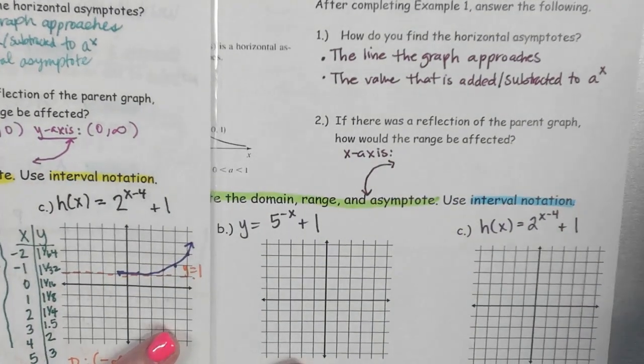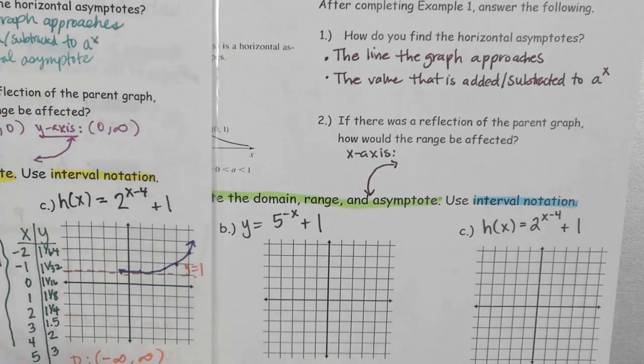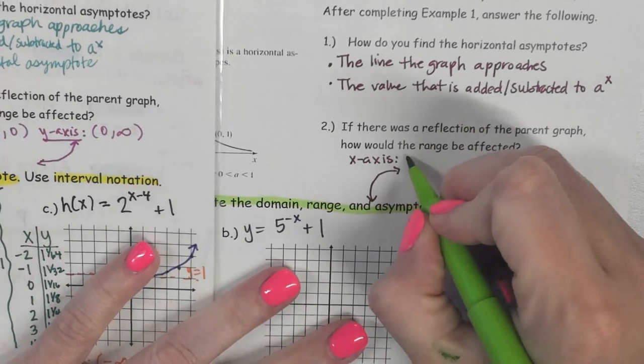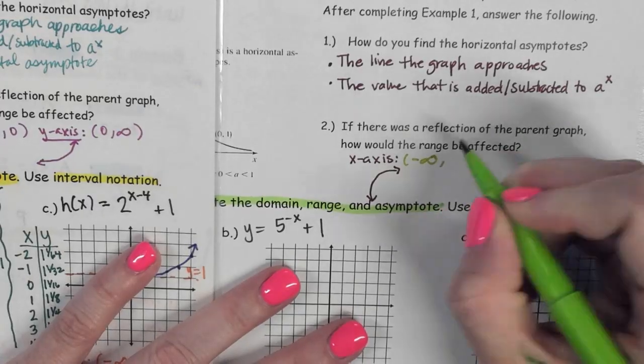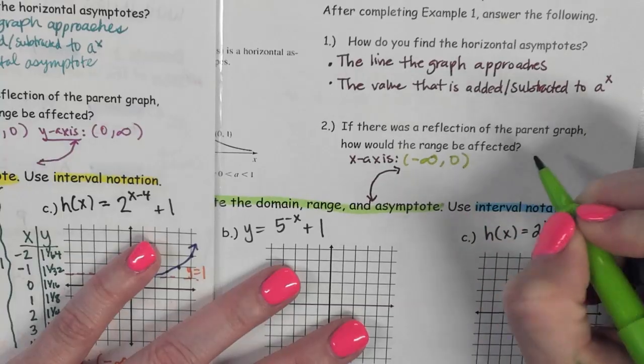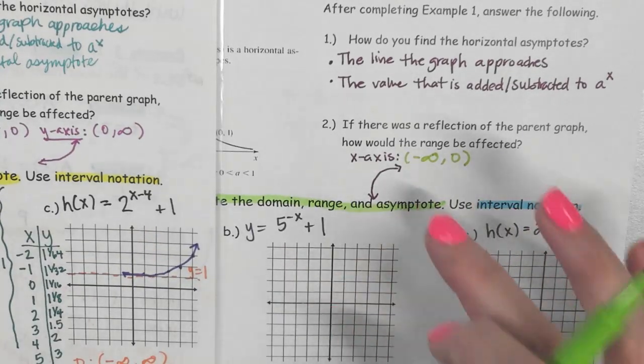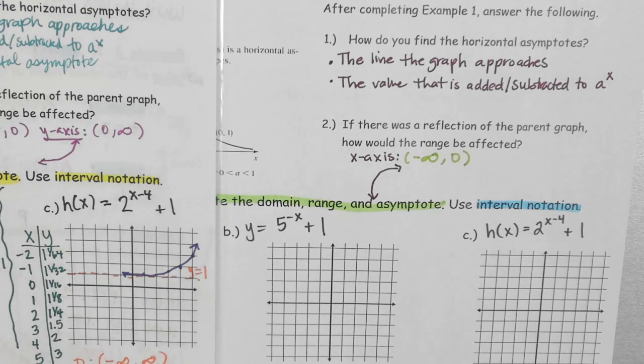You can just draw a rough sketch there. And in that case, your lowest value would be negative infinity. Okay, and then your highest value would be 0. So if the graph is going downward, the lowest value would be negative infinity. The highest value would be 0.